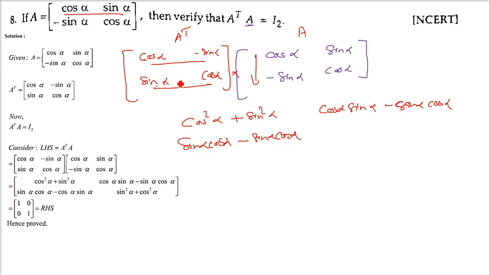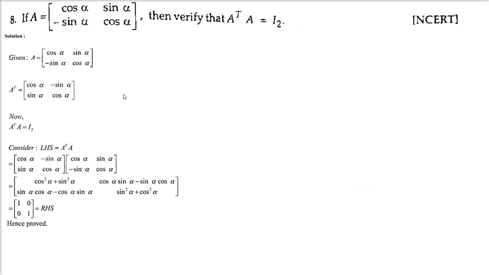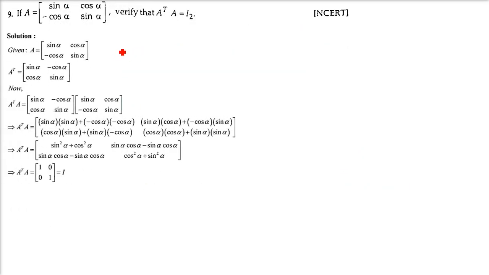The second row with the second column: sin square alpha plus cos square alpha. Now sin square alpha plus cos square alpha is 1, and the similar terms get cancelled. So what do you get? 1, 1, 0, 0. This is nothing but the identity matrix. Let us write it as I2 because it has 2 rows and 2 columns. Okay, there is the solution.